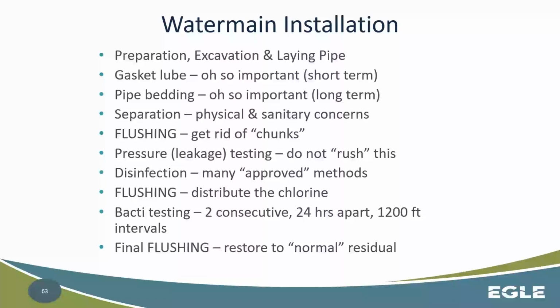That pipe bedding is what keeps that water main intact for a long time, so you're not having flexing and joint failure and things like that. Make sure you have adequate physical and sanitary separation from things, whether that's vertical or horizontal. Make sure that you're flushing, getting the large chunks and debris out during that process, right?